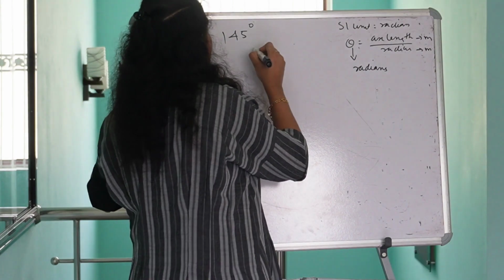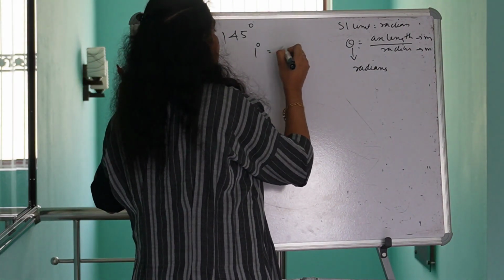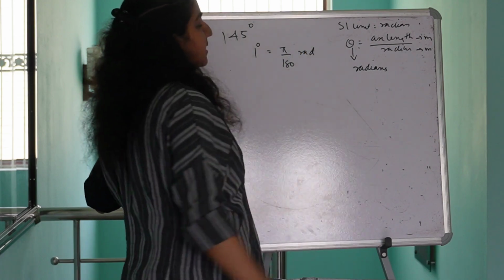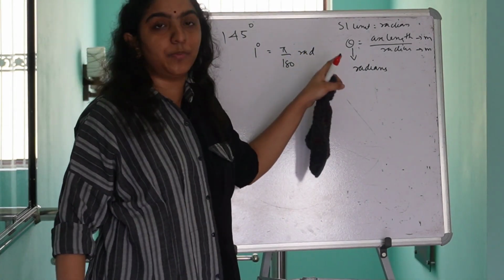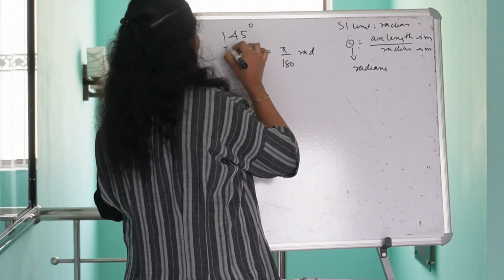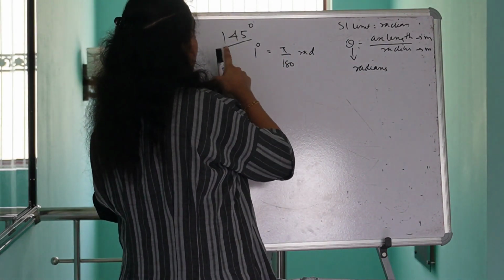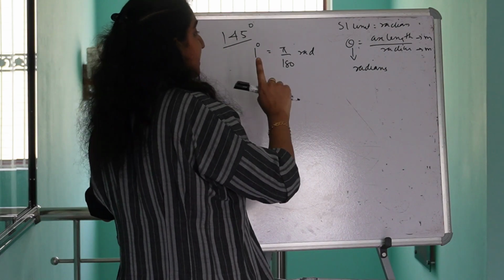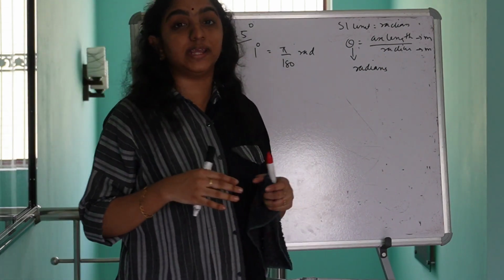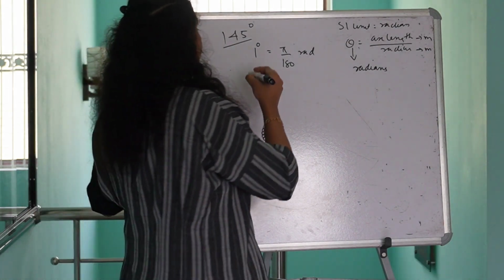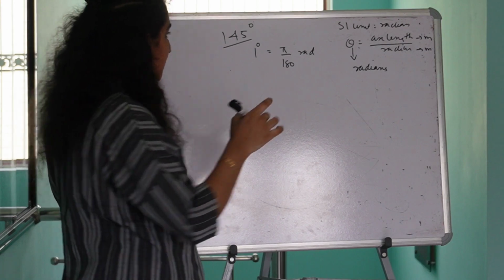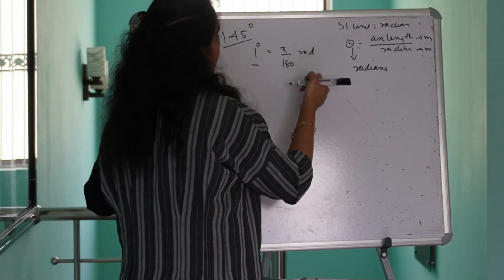So how do we convert? We know 1 degree is equal to pi by 180 radian, isn't it? We are asked to find what 145 degree is in radians. It is very easy because we know what 1 degree is equal to.